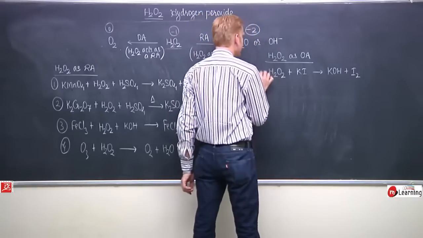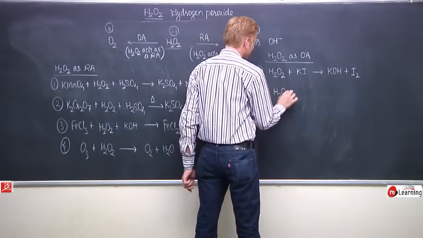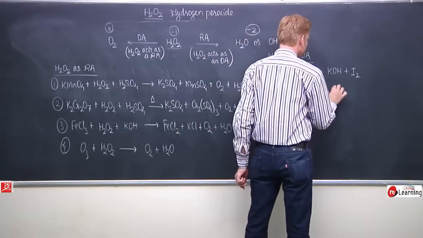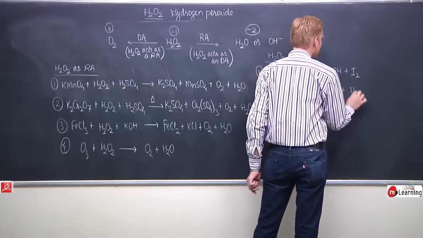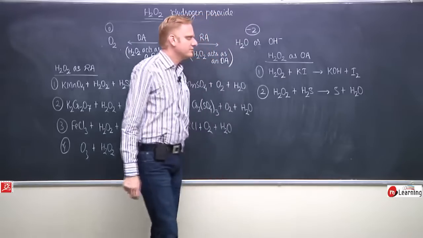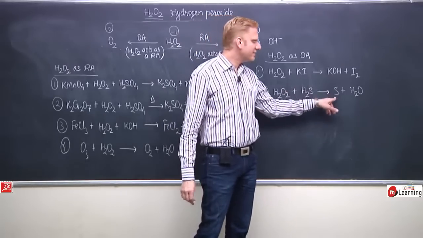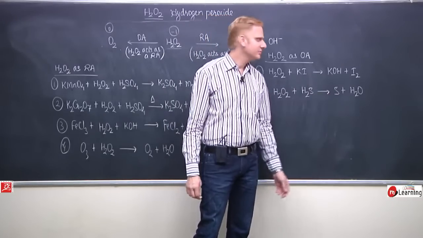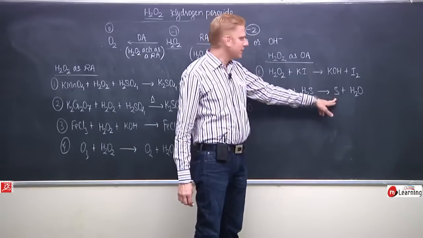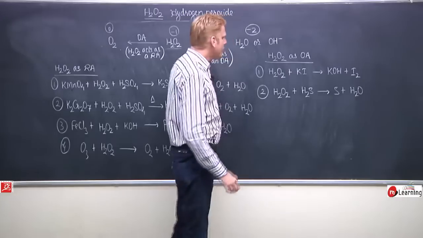Another reaction where we find a similar nature is the reaction with H2S. When H2S is passed into hydrogen peroxide, sulfur is formed in the reaction. So once again this is oxidation of sulfide into sulfur and the reduction of hydrogen peroxide into H2O.